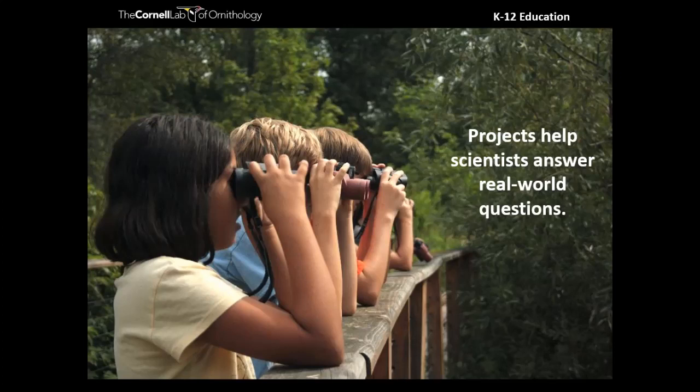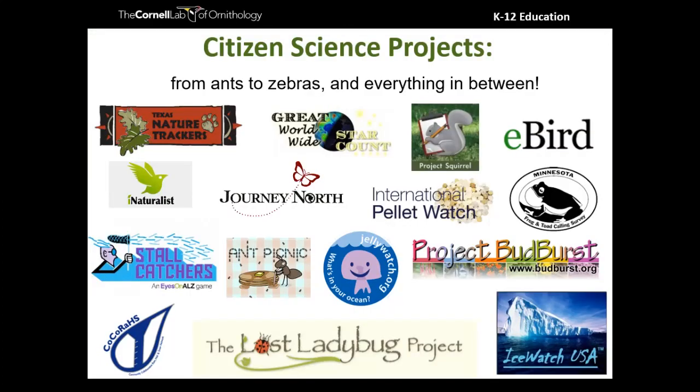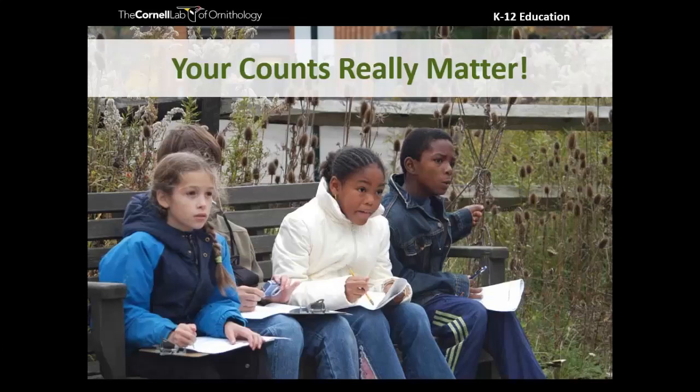So again, it helps answer that essential question of why are we doing this? Why does it matter? And so if birds aren't your thing and your kids are super into insects or plants or the stars, there are citizen science projects out there for you. There are some resources that can help you connect to them, like scistarter.org, which I'll ask Susan to share in the chat window for you.